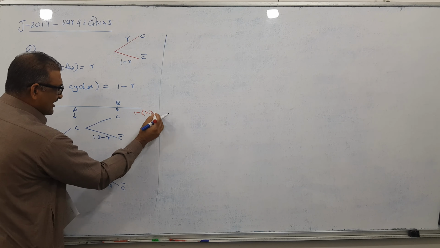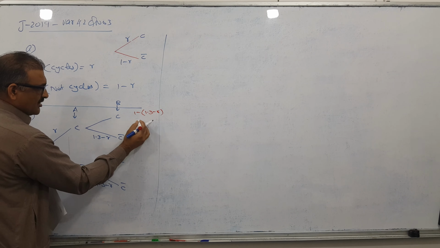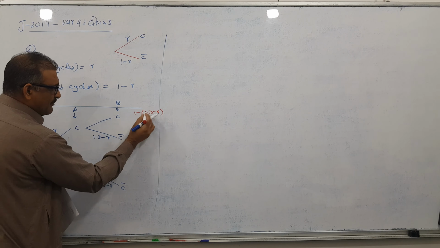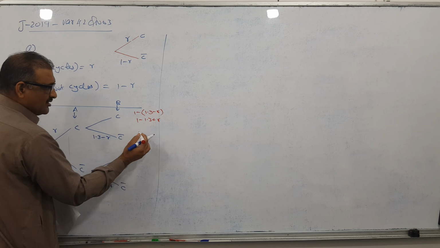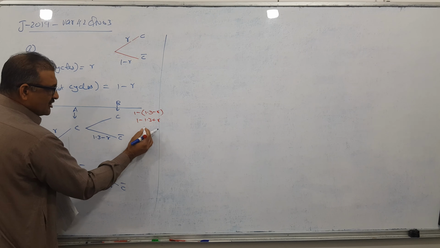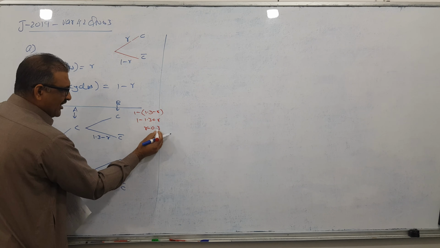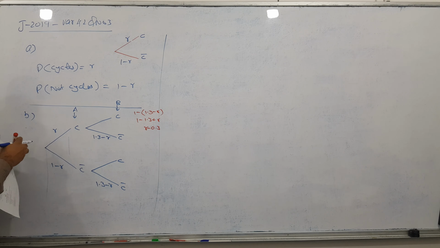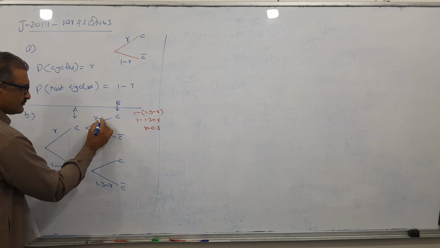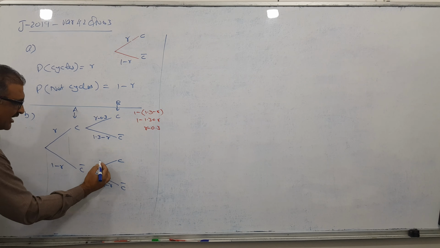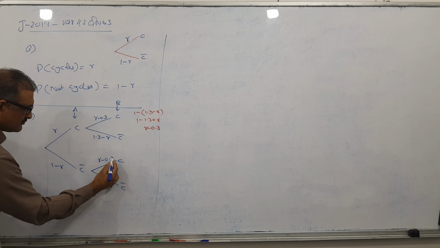We get, open the bracket, 1 minus 1.3 plus R. I can say this is 0, this is R, and this is negative 0.3. This is the branch I will write here, and the same I write here.